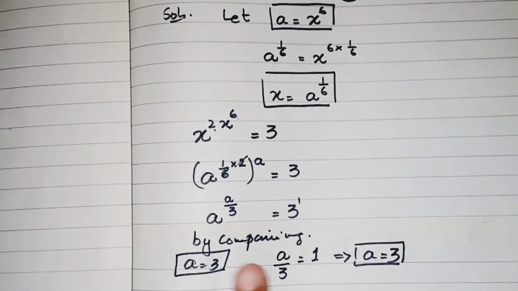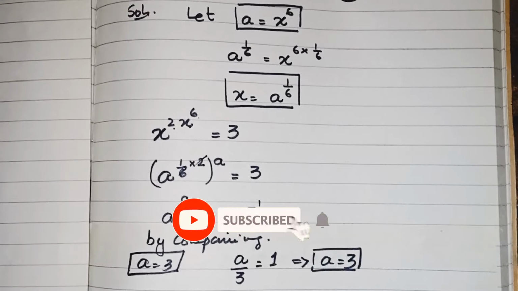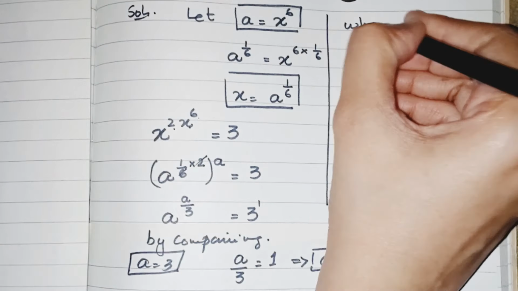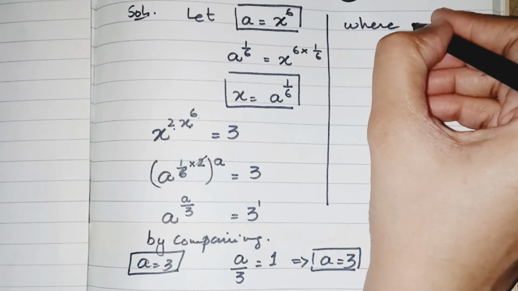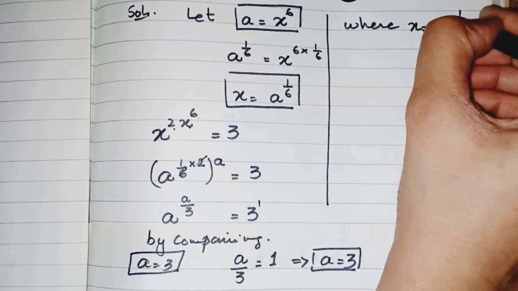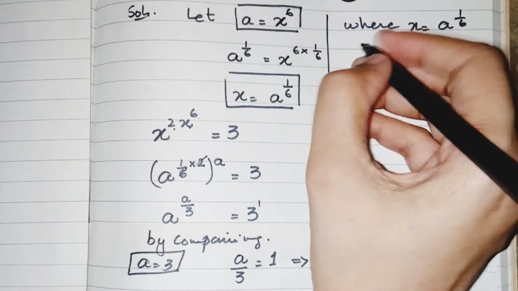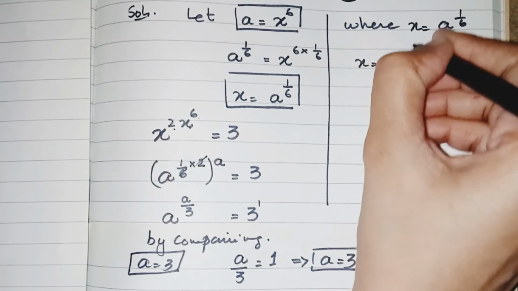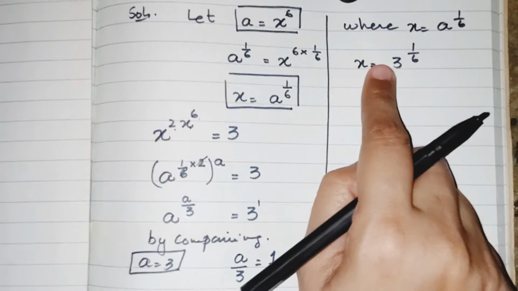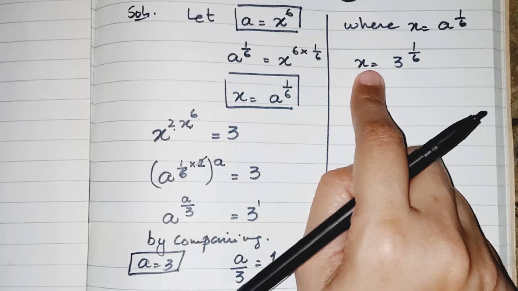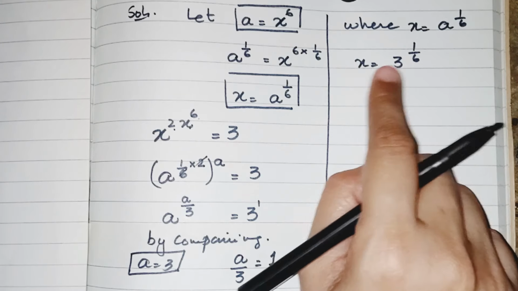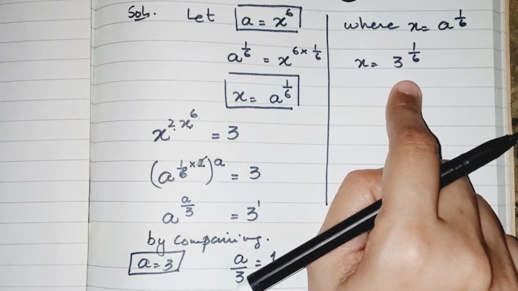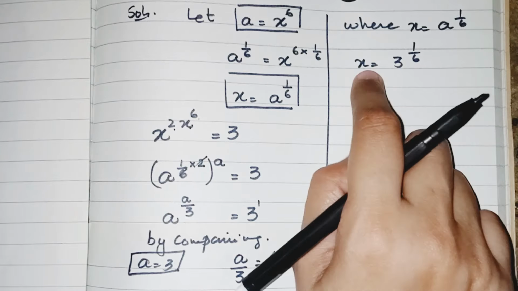So I have in both conditions a = 3, but we know that x = a^(1/6), so x = 3^(1/6). So over here we have to substitute 3^(1/6) in place of x.